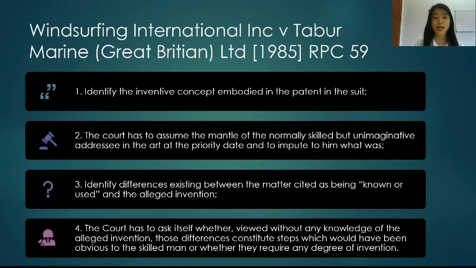Secondly, the court has to assume the mental of the normally skilled but unimaginative addressee in the art at the priority date and to impute to him what was. And thirdly, identify differences existing between the matter cited as being known or used and the alleged invention.